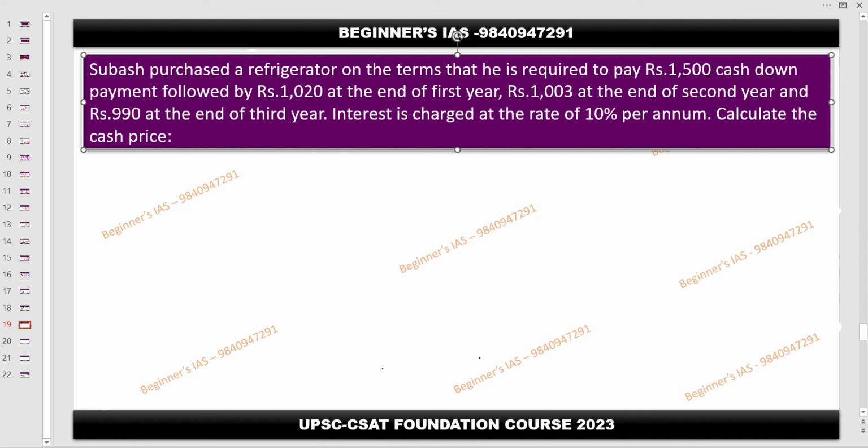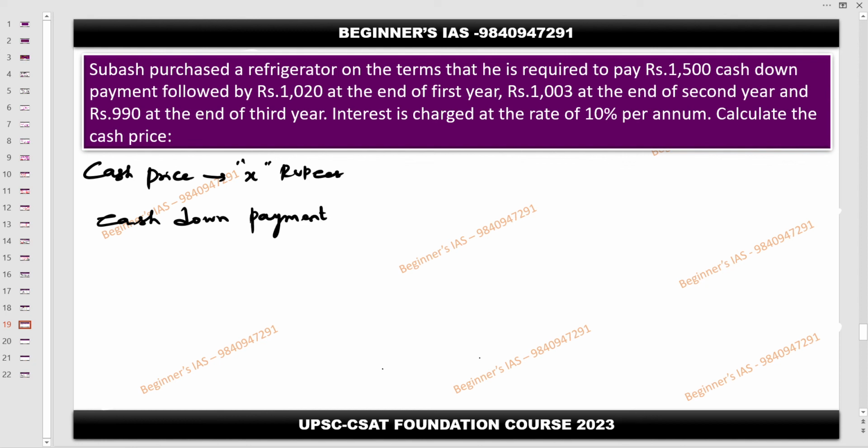I don't know the actual cash price. Let me take the cash price as X rupees. So what he has done is a cash down payment of rupees 1500.